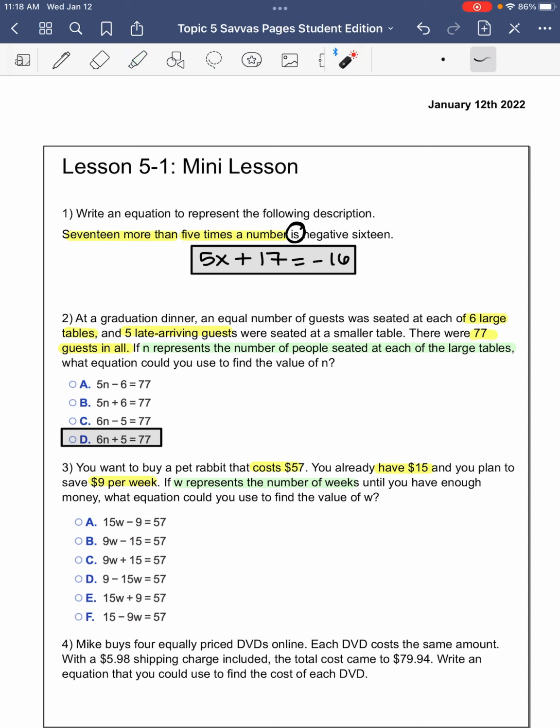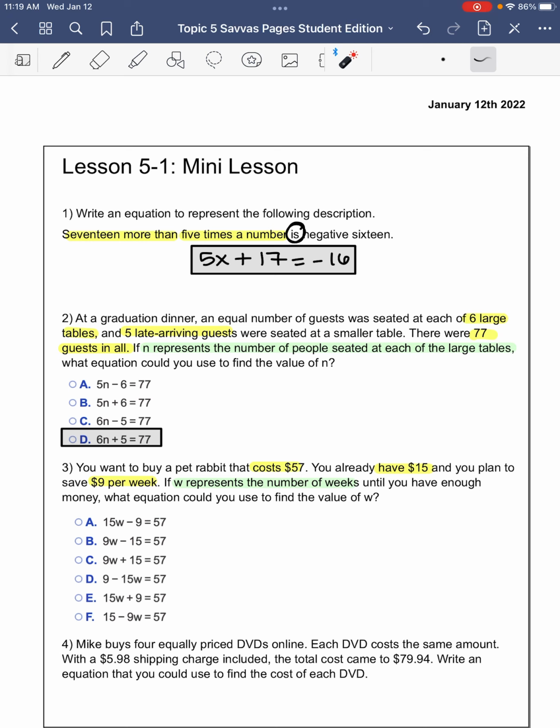Okay, now we've talked about phrases like this. $9 per week, that word like per, each, every, that almost always means that I'm going to take the number near that word and multiply it with my variable. And W does indeed represent the number of weeks, so it makes sense to do that here. So I know that I need 9W in my answer. So anything that doesn't have 9W, I can eliminate.